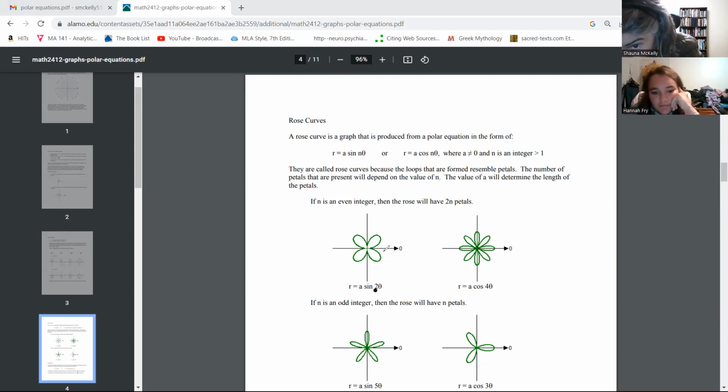Where they start depends in part on whether you have a sine or a cosine function. But what I like to do is plug in the 0 angle. Then I like to plug in the cardinal angles and start there. That's not the only way to do it, but that's one way to do it.